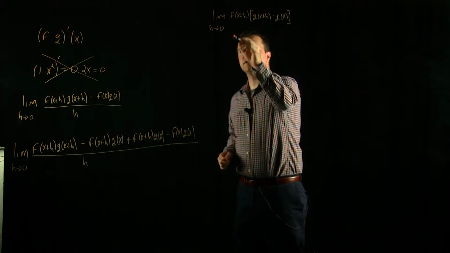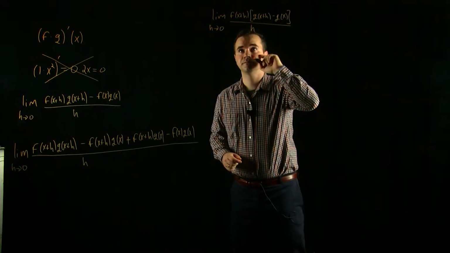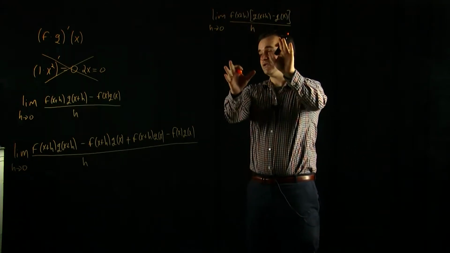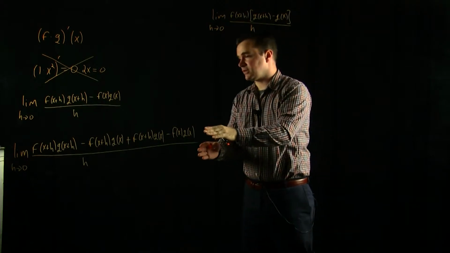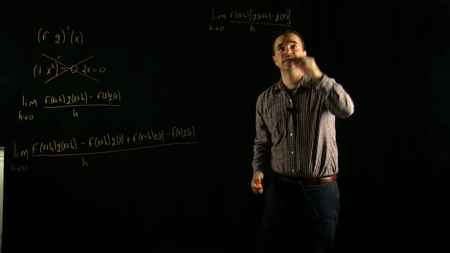So if I take this first part of the expression, which is written here, and then I look at the second part of the expression, so I'm adding to it these two terms divided by h, so I can split that limit up.